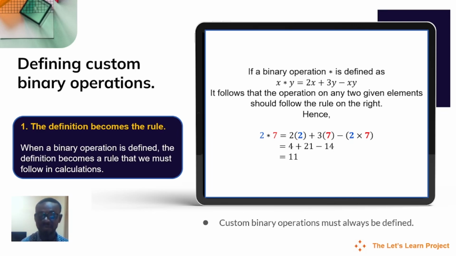So anytime you see x star y, you do 2 times x plus 3 times y, then you subtract xy from it. This is the definition or the rule that came with this particular binary operator, and this is usually how they are stated in exams: if a binary operation is defined as this, then do that.